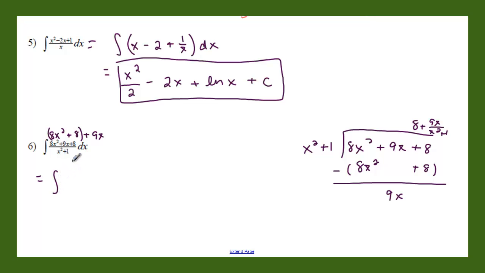Now in my numerator, if I factor an 8 out of the first two terms, I have x squared plus 1, and then I still have a plus 9x, and that's divided by x squared plus 1.